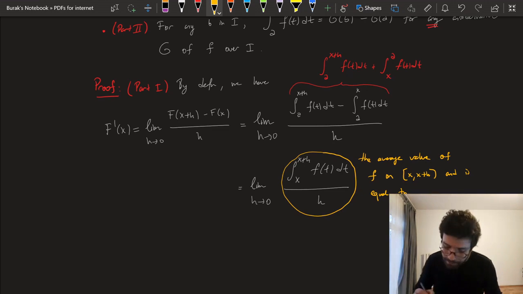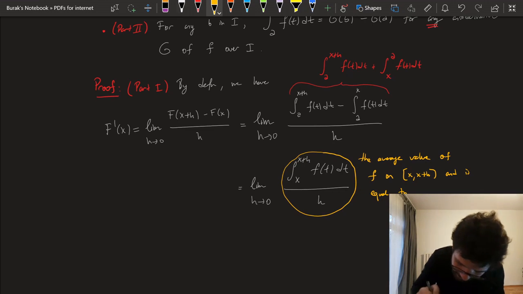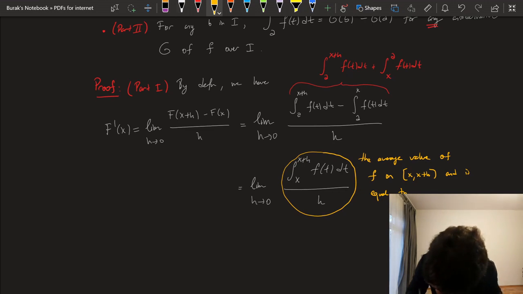By the mean value theorem for integrals, this is equal to f of c for some c between x and x plus h.